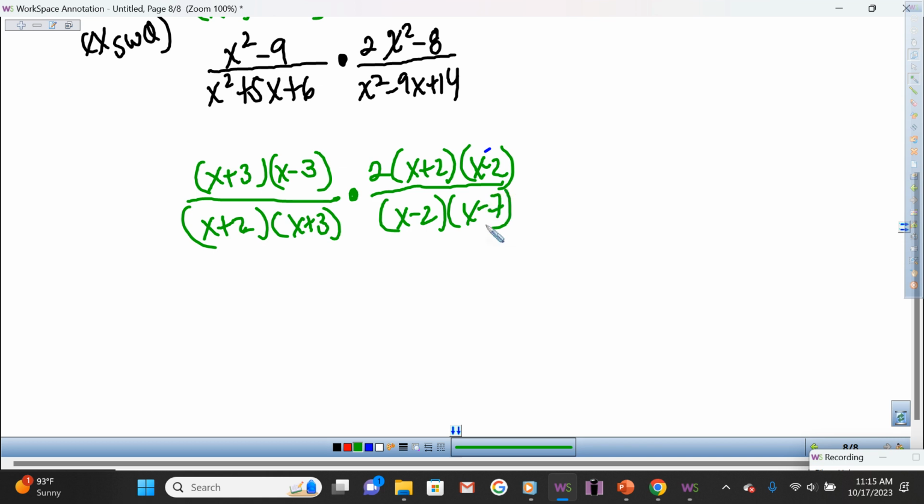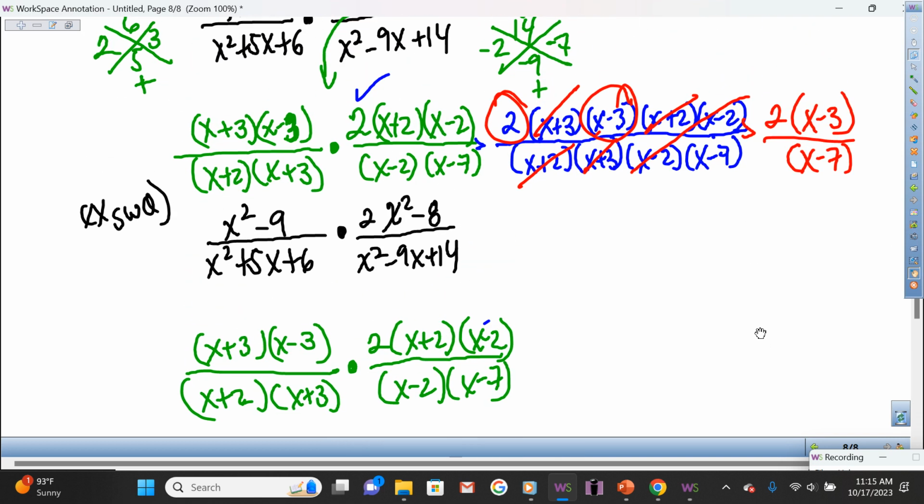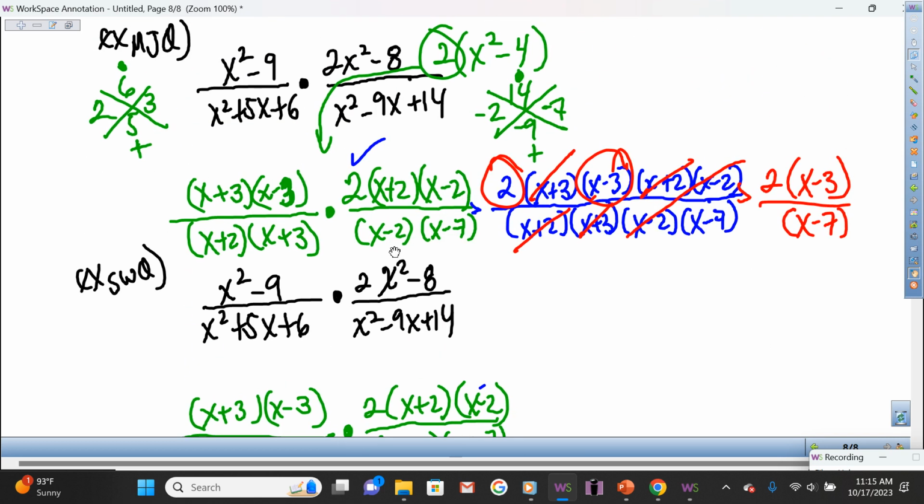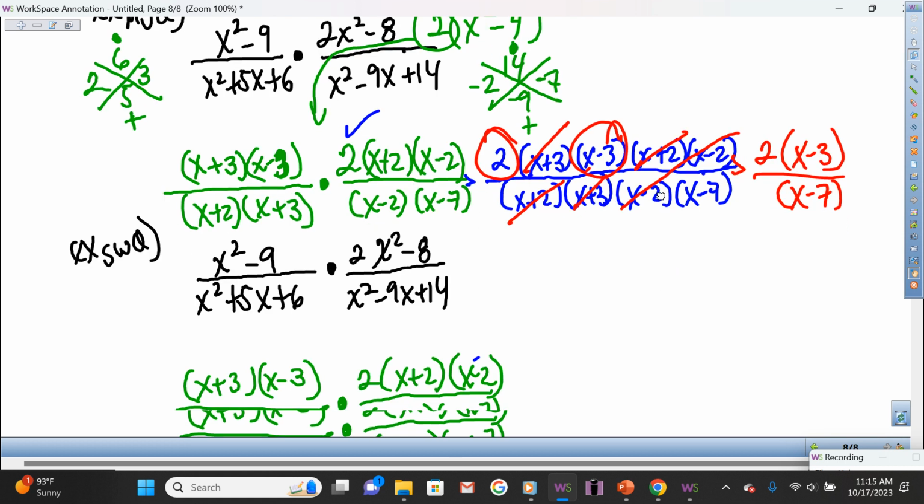Some of you are like, what? Here goes the second method. Look up to the screen, writing utensil down. So let's go back to the first method. First method, we factor completely, which is good. Then we multiply, which means writing all the numerators and all the denominators together.